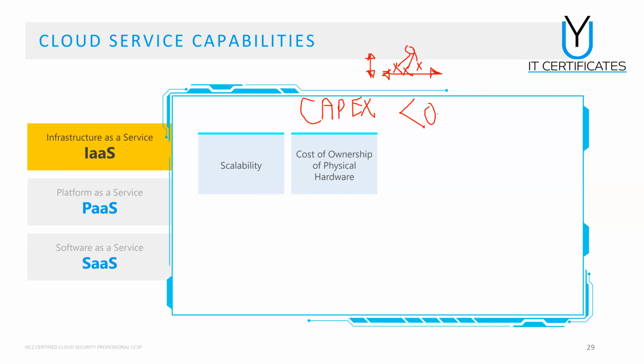Of course, by CapEx we mean the value you have to pay to buy the server. For example, if you want to buy a server on-prem, it will cost, let's say, $15K US.